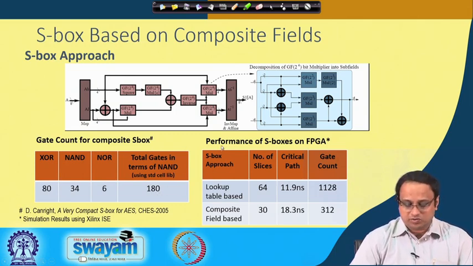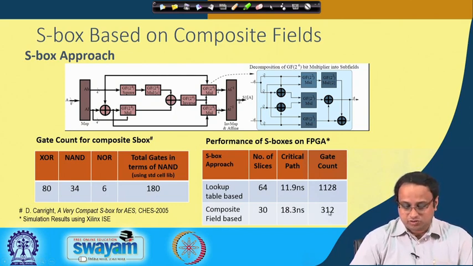Likewise, suppose I want to do this design not on standard cells but on FPGAs. Here you can see that for a composite field based AES SBox implementation, the number of slices required is 30, the critical path of my design is 18.3 nanoseconds, and the gate count is something like 312.